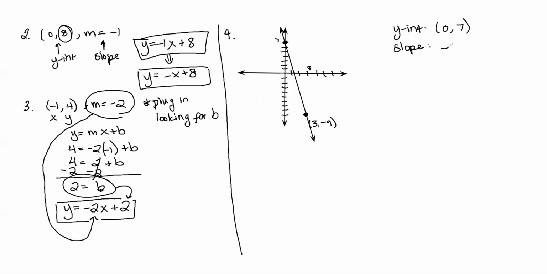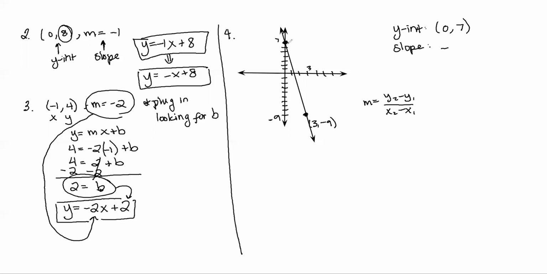If you want to find the slope using the equation y2 minus y1 over x2 minus x1, you can totally do that, or you can just find it by looking at the graph. Whichever you're more comfortable with is perfectly fine. I'm going to do it by looking at the graph just to avoid any more work. So I'm going to start on the left side, and I'm going to see how far down we have to go.